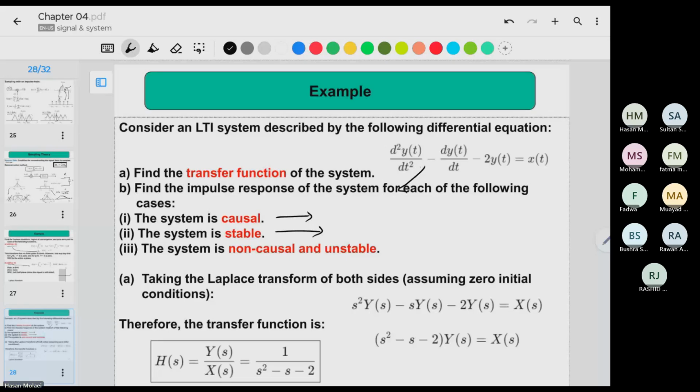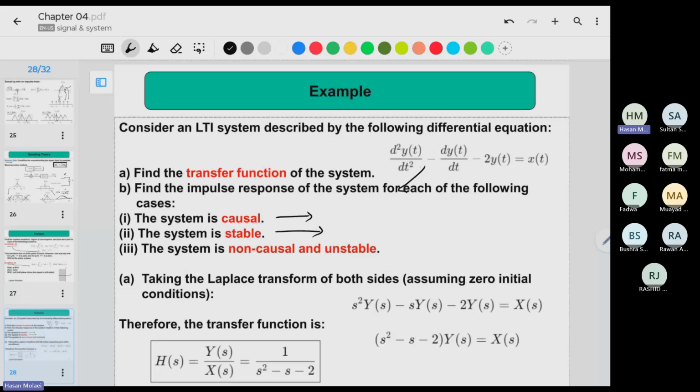But we suppose the system has a Laplace transform. If the system has a Laplace transform, and if we call it stable, which means the j omega axis should be inside the ROC.